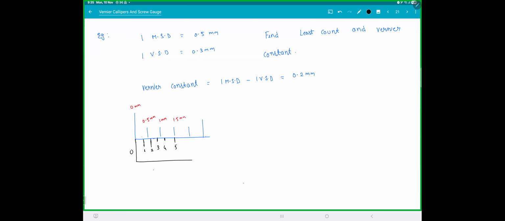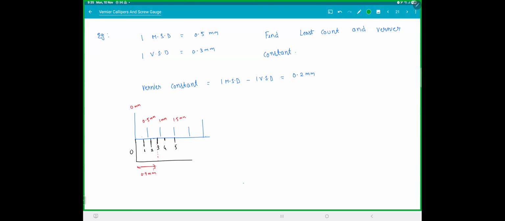So the fifth and the third division match. That's okay. Look at 3 there. So if you go for 3 divisions, this is 0.9 mm. That means if you push it 1.1 mm forward, the third division matches, isn't it?